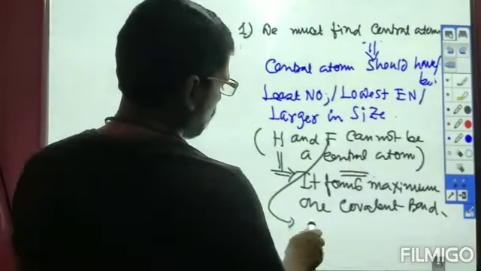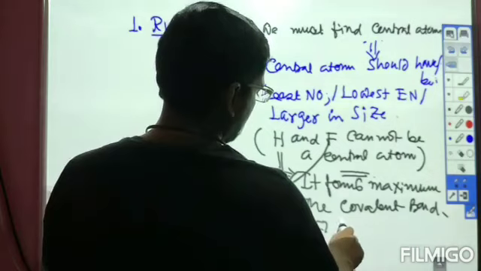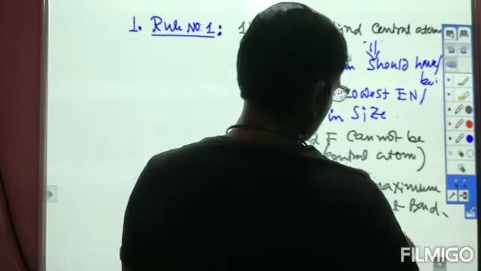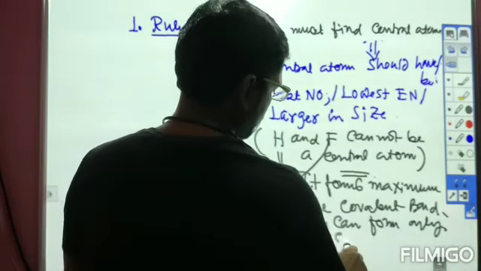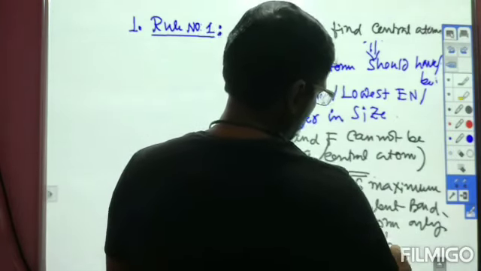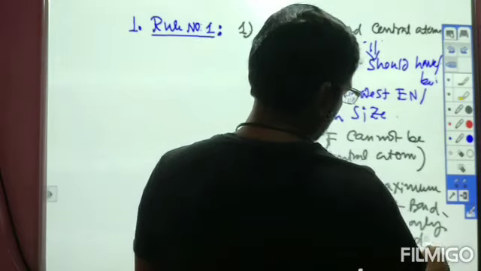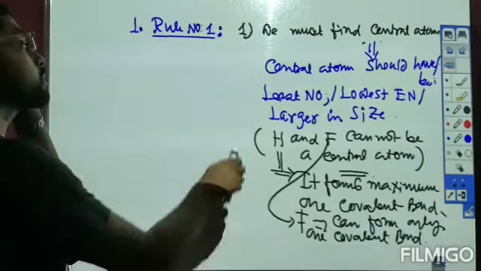Fluorine also can form only one covalent bond. Okay, this is rule number 1.